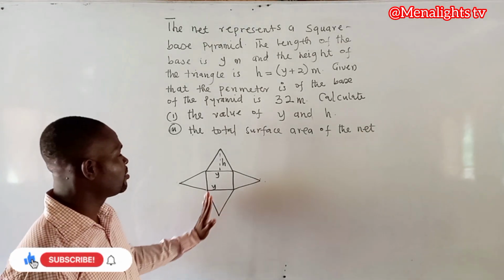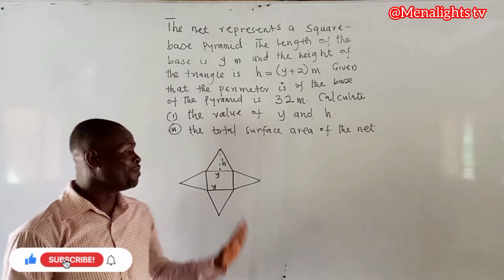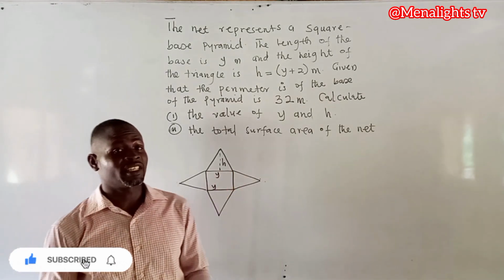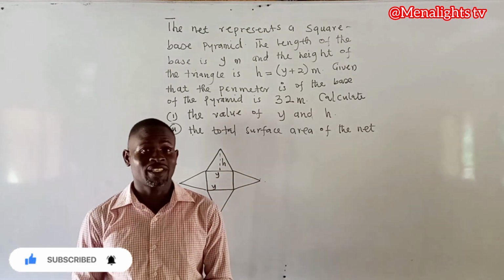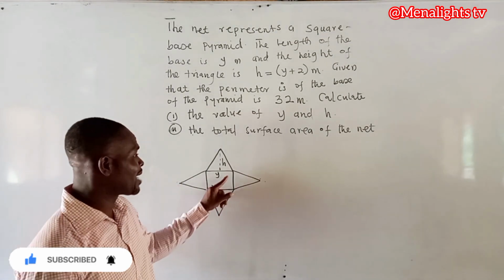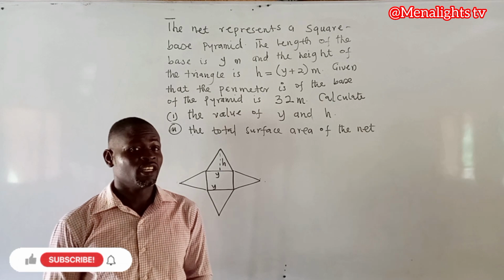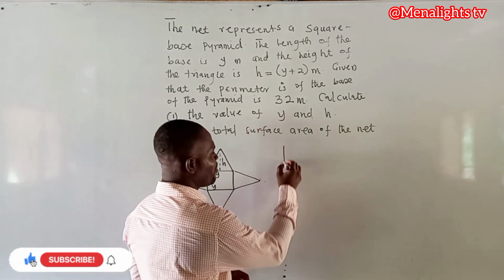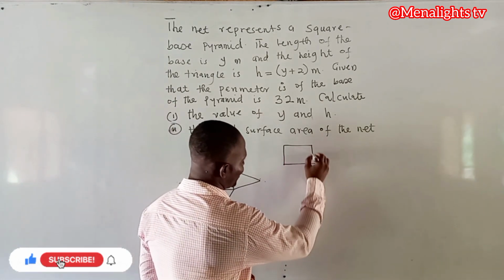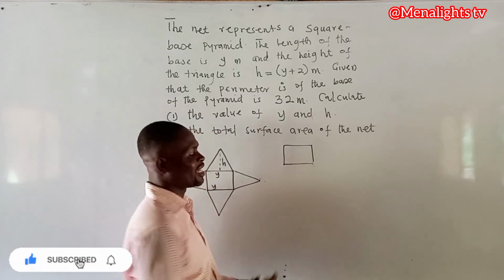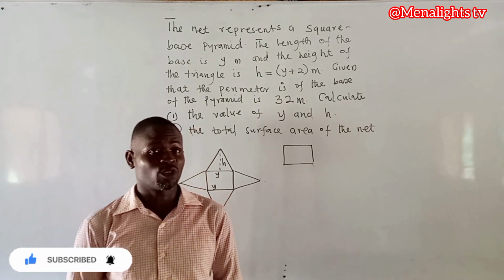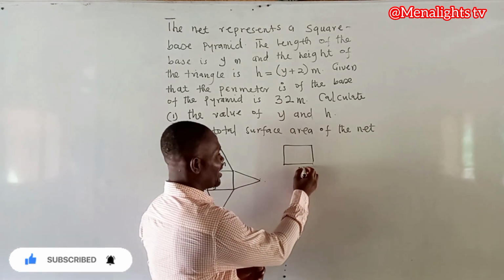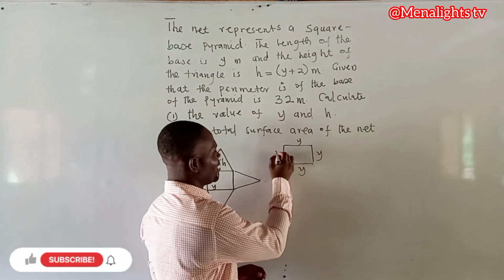From the question, we have the base. They say the perimeter of the base is 32 meters. So we have to ask ourselves, what is this base? When you look at it, the base is a square, and a square has all sides equal. For us to find the perimeter of a square, this is y, and y.